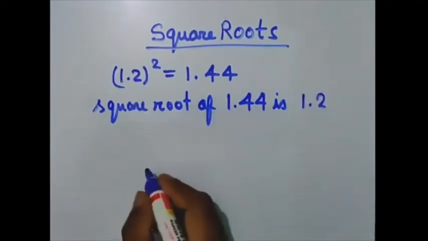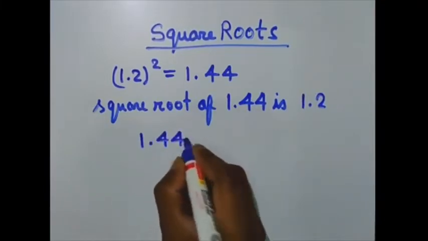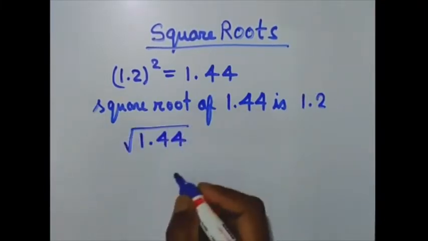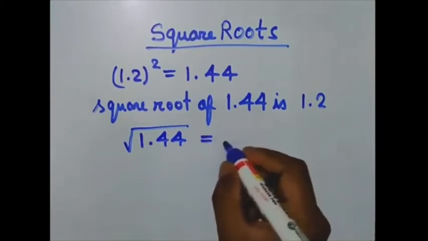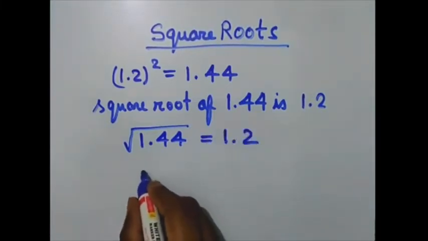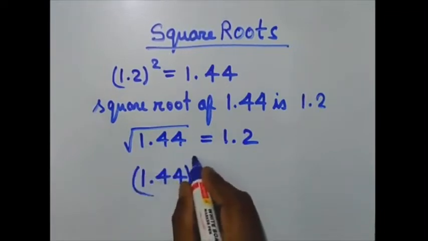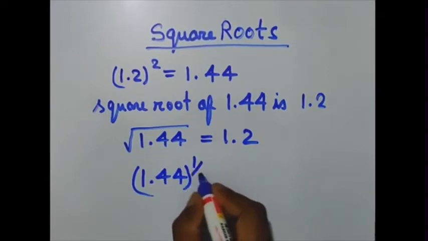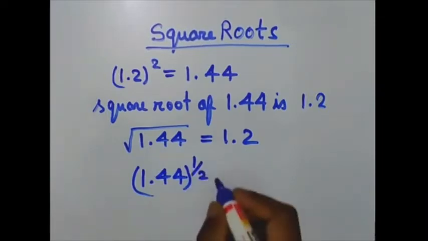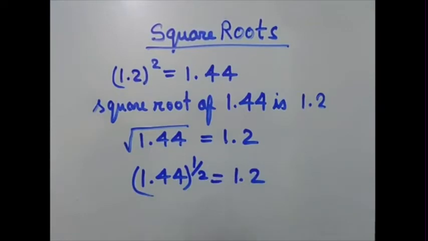And symbolically how can we represent? Square root of 1.44 is equal to 1.2, or we can write it as 1.44 to the power 1 by 2 will be equal to 1.2. So either of the ways we can represent them.